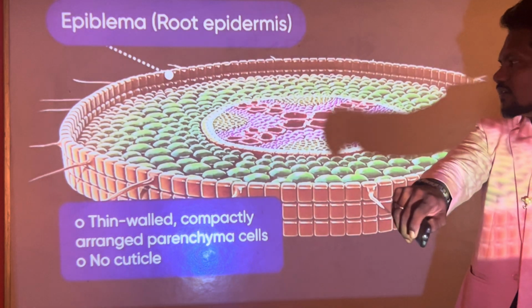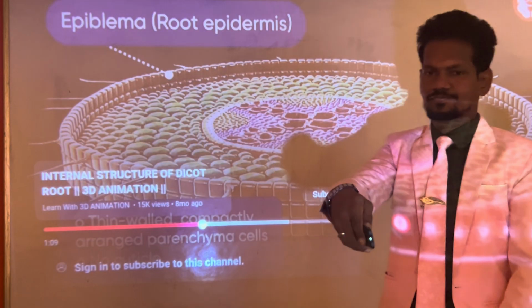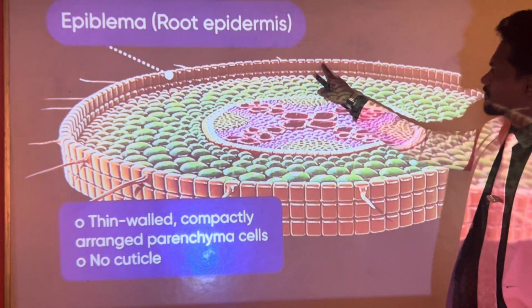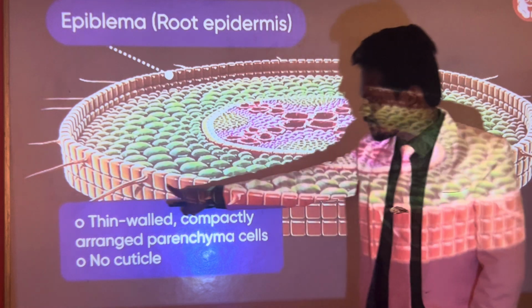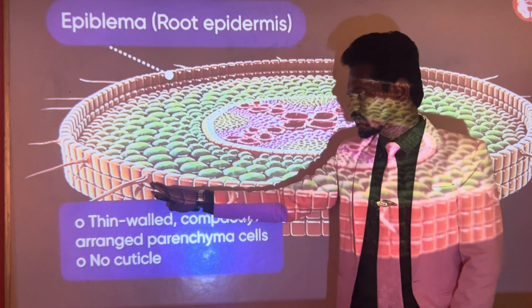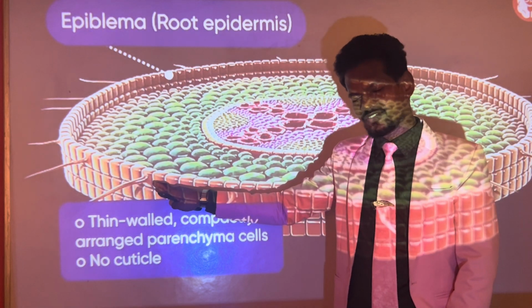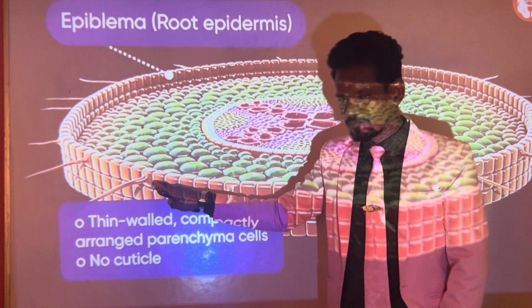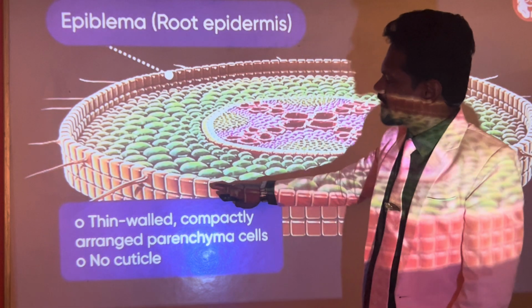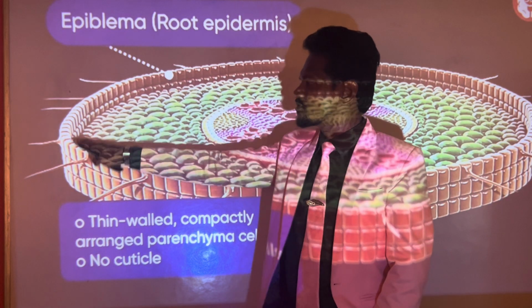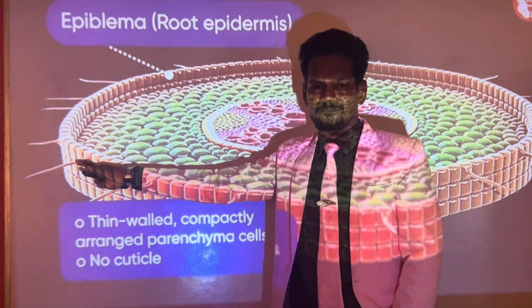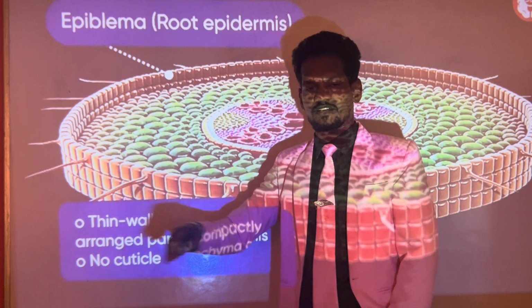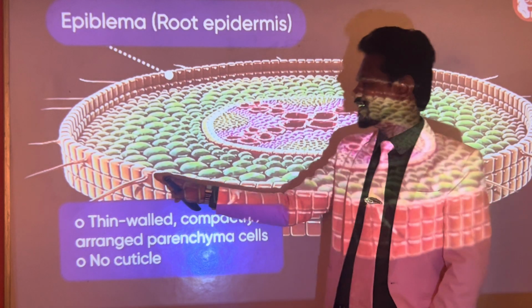One by one we shall go through. First, the outermost layer: the cells are rectangular, closely or compactly arranged, and intercellular spaces are absent. This single layer structure is known as epidermis or epiblema. Epi means outer or upon, dermis means layer.